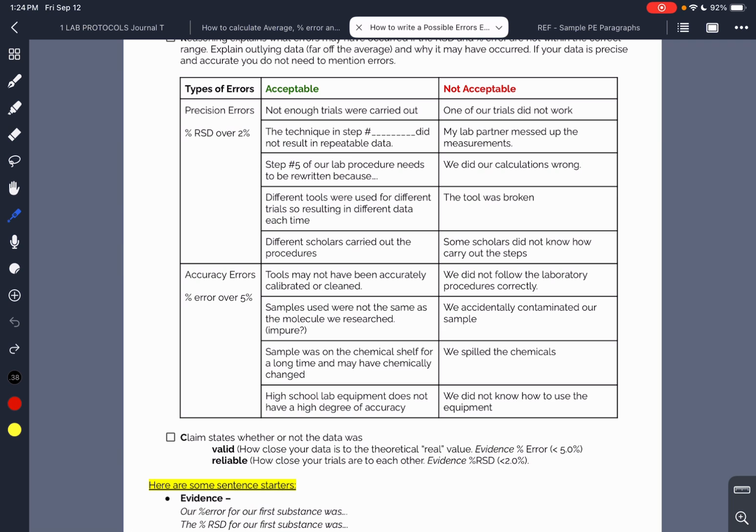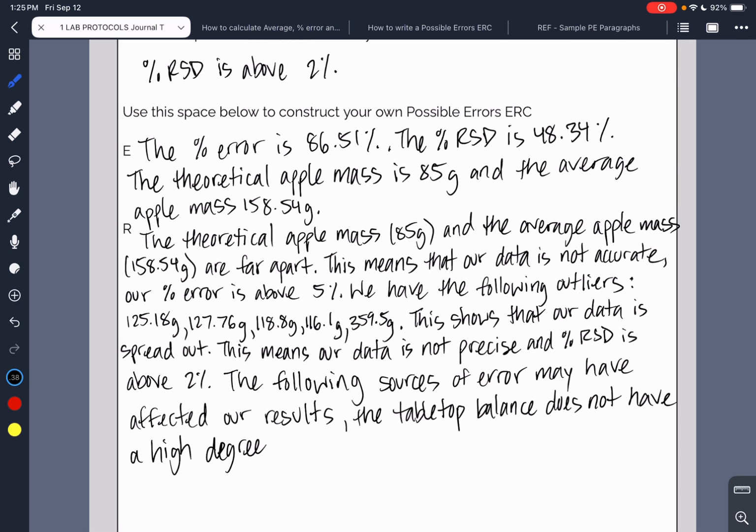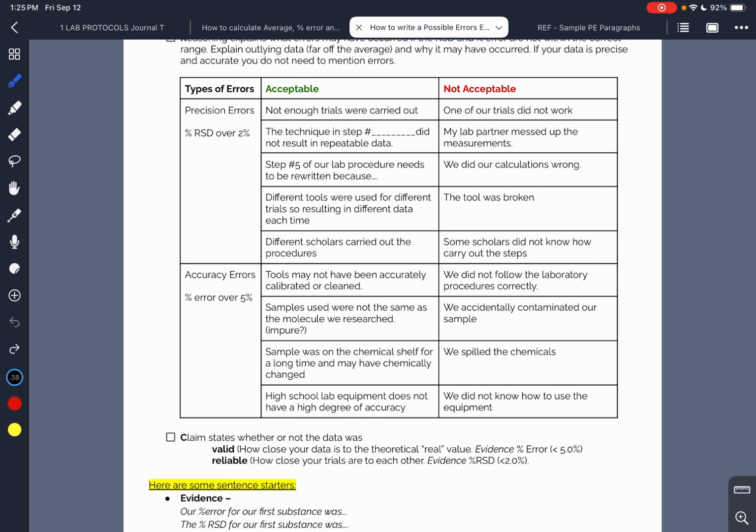We can say the tabletop balance does not have a high degree of accuracy. We can also talk about our samples.